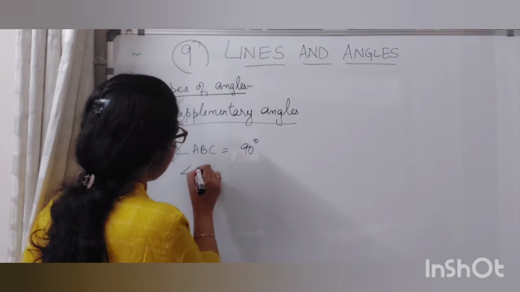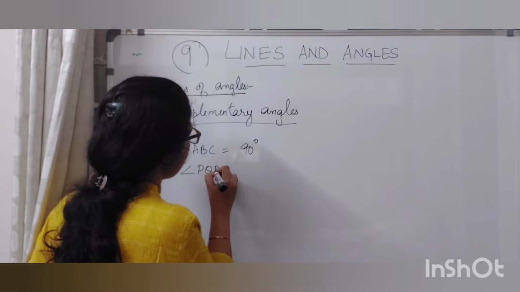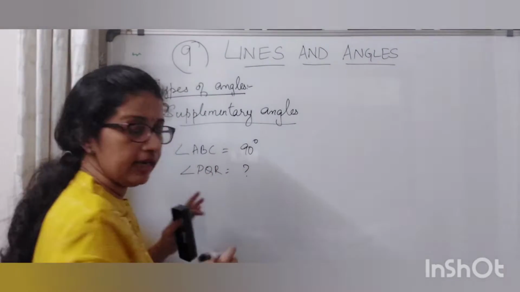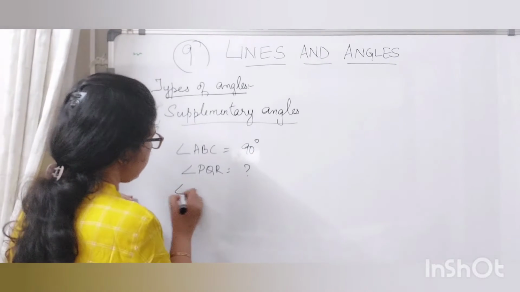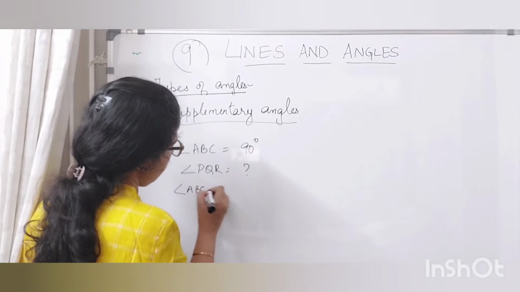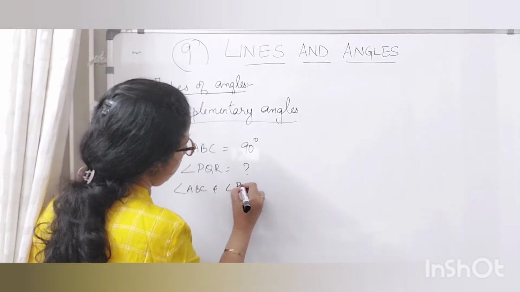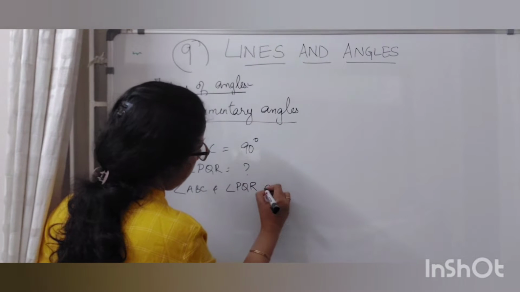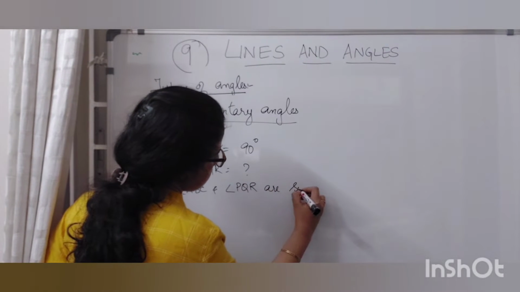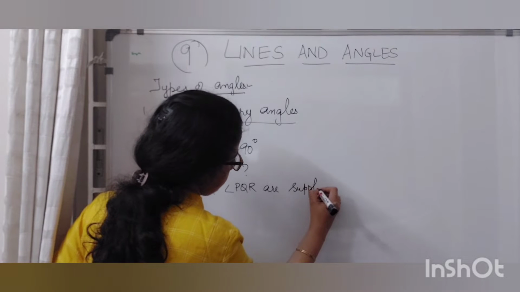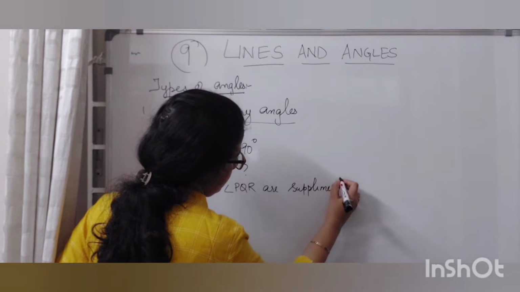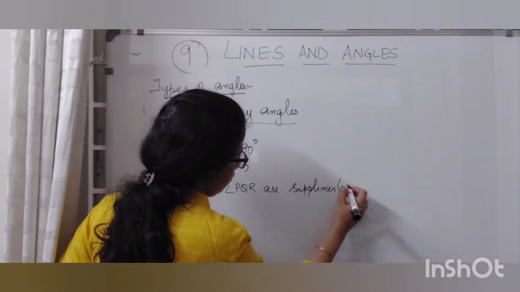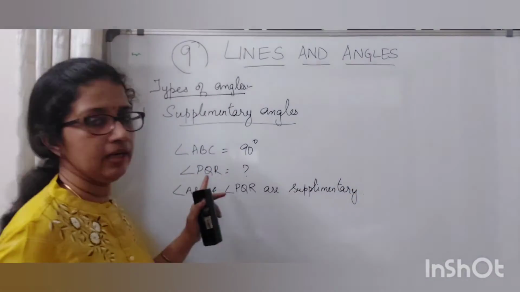Okay, you have to find angle PQR. And they have said angle ABC and angle PQR are supplementary. Okay, now find angle PQR.